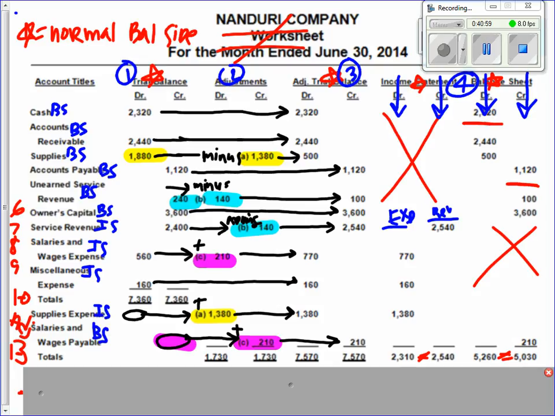Okay. So I'm going to go back just a moment. Well, and then now here's the other part. Are the credits bigger than the debits under income statement? Yes. Are the debits bigger than the credits on the balance sheet? Okay, so here's what we're going to go back to the other notes.